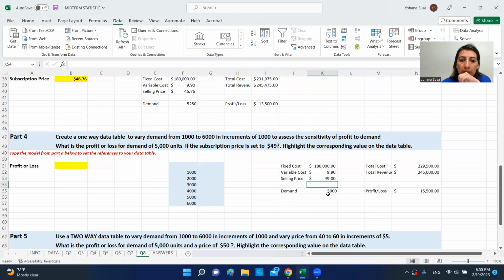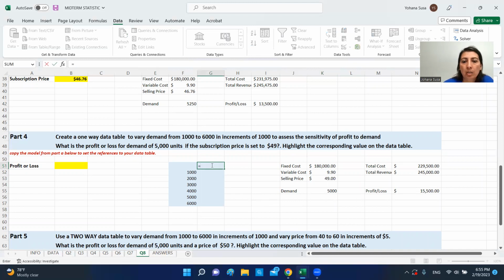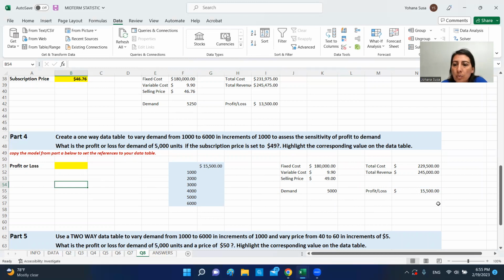Okay, so how do we create this one-way table? So here is going to be our profit. That's what we care about. We need to find out where profit is.